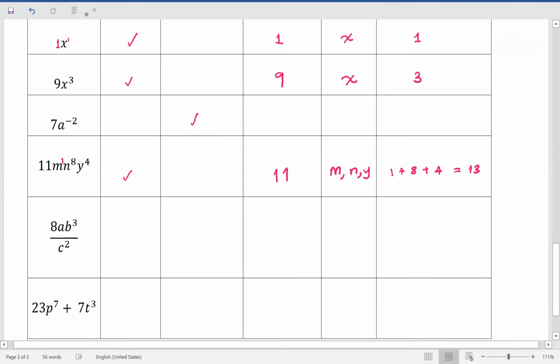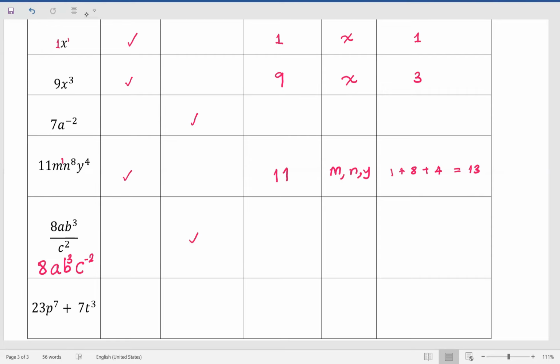Then we have got this one, 8ab to the power of 3 divided by c to the power of 2. Now, this is not a monomial because dividing variables is not allowed. Reason being, when you divide a variable that has a positive power, once you write it in the form of multiplication, it will have a negative power. So this one actually is the same as 8ab to the power of 3 c to the power of -2.